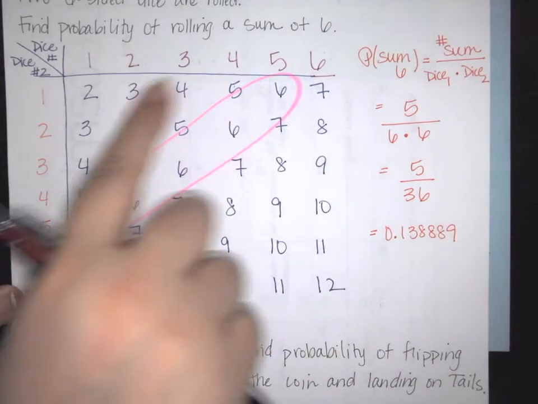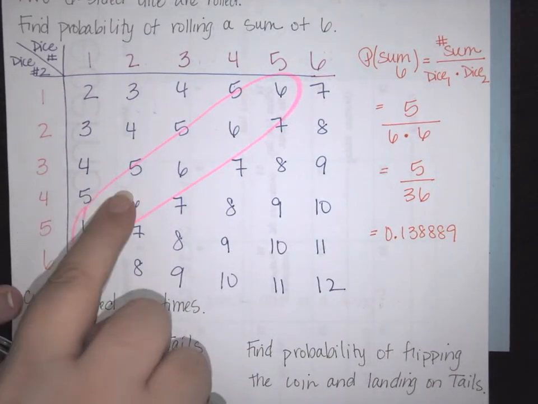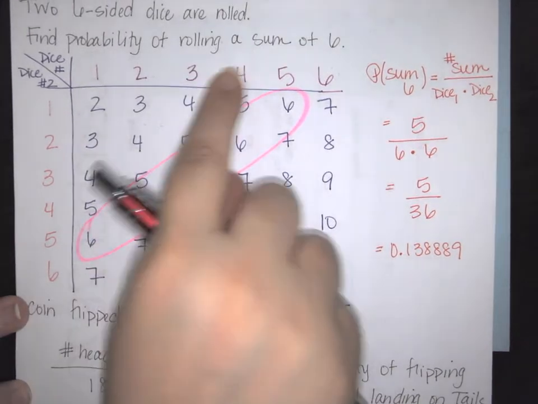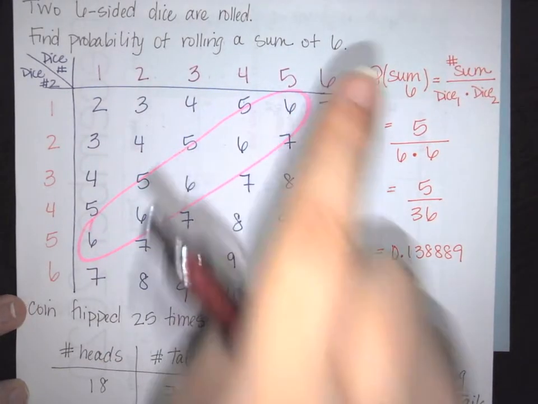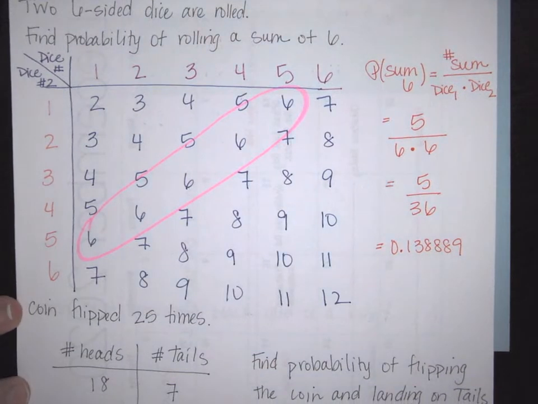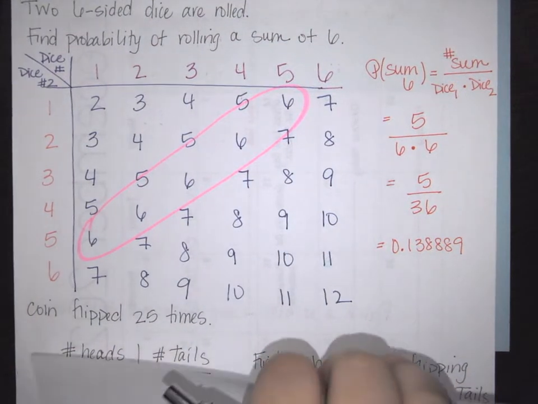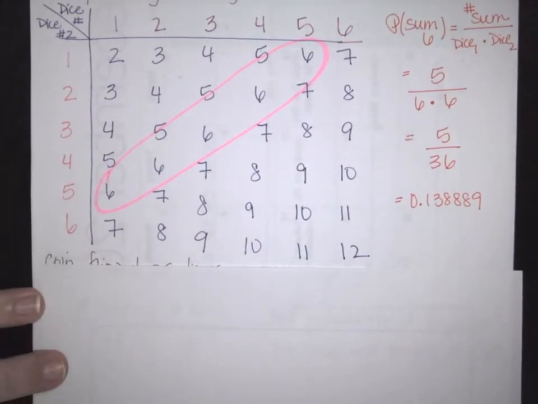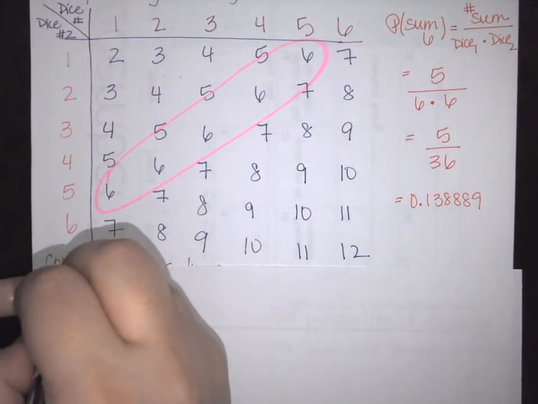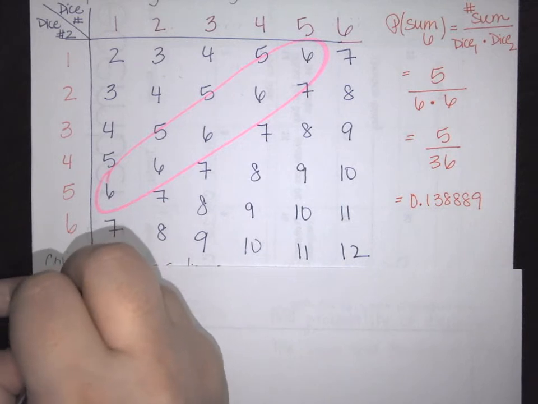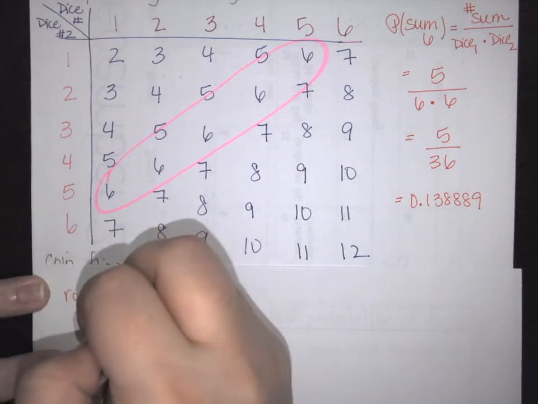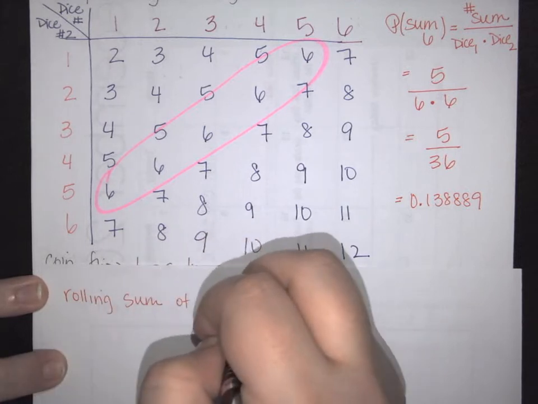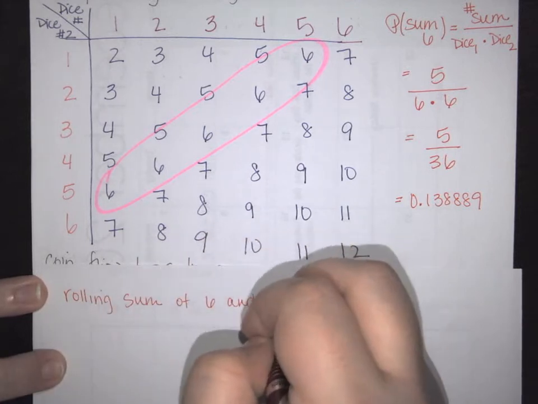Now making this table does cut a lot of time out, because sometimes you might be asked to find the probability when you're summing to two different numbers. So for example, let's say we wanted to find the probability of rolling a sum of 6 and 8.